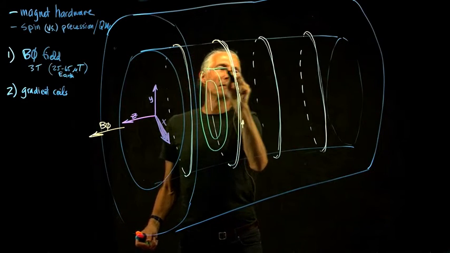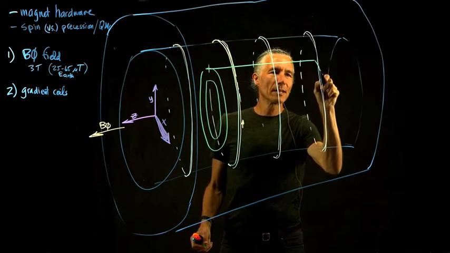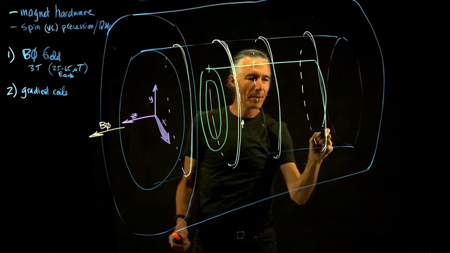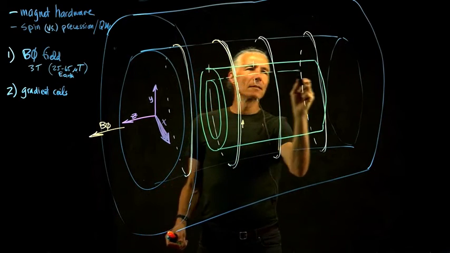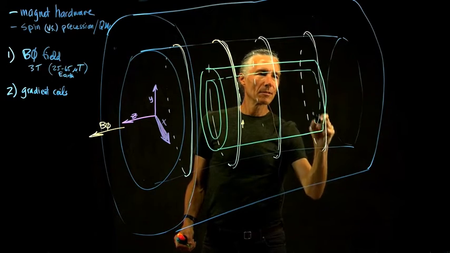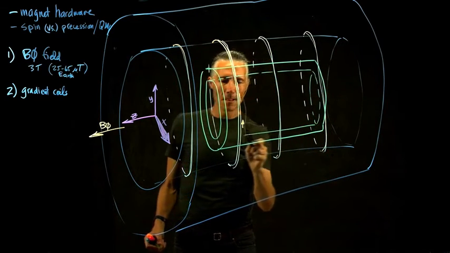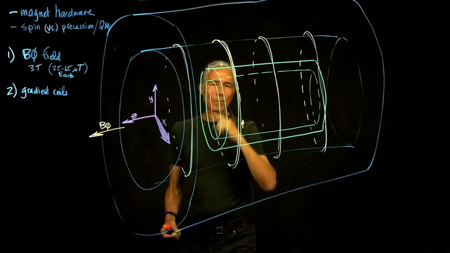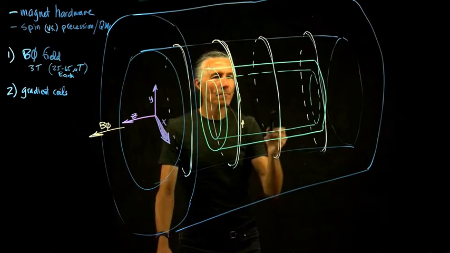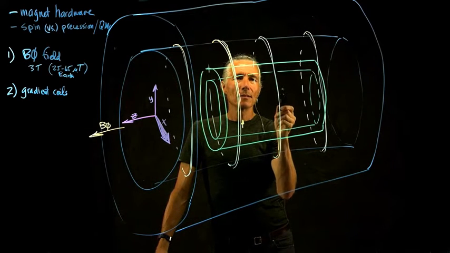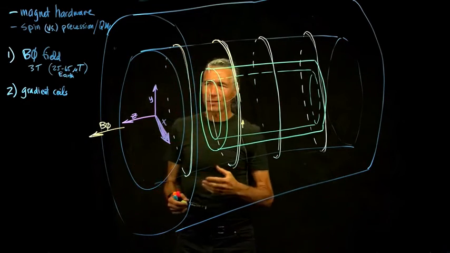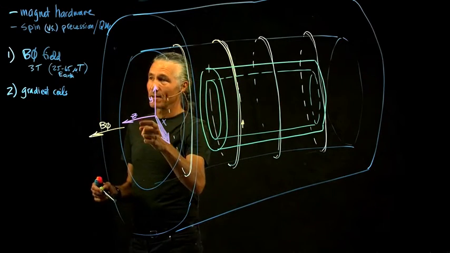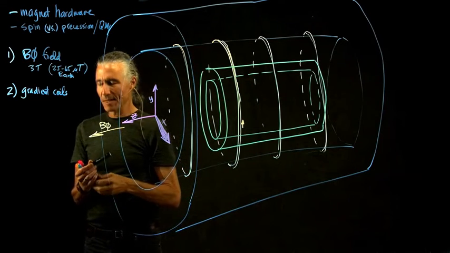So it's another set of coils. You can't see it. It's actually sort of embedded in the magnet. So that's the gradient coils. And what are the gradient coils? Well, they're something that changes the strength of the Z magnetic field. So that's an important thing.